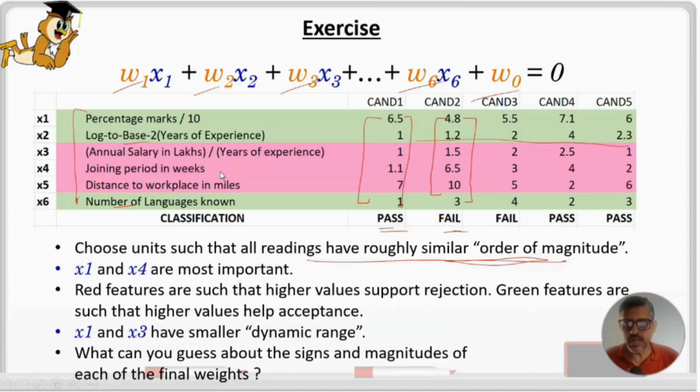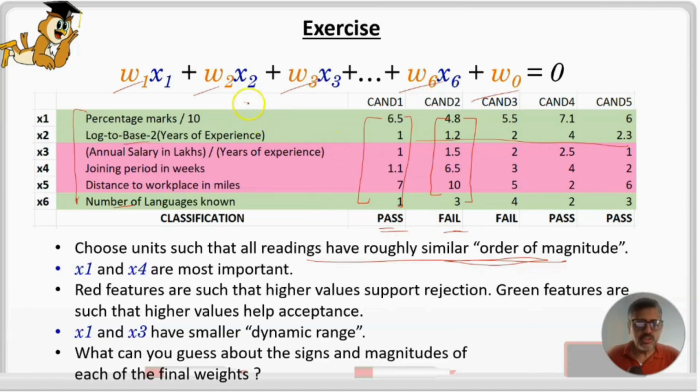Let's tabulate it in weeks. Distance to workplace. Let's use miles instead of kilometers or meters or centimeters. So that again it lies in roughly small positive numbers. Number of languages known. I wouldn't expect you to run into a guy who knows 40 languages. Typically 1, 2, 3, 4, whatever.